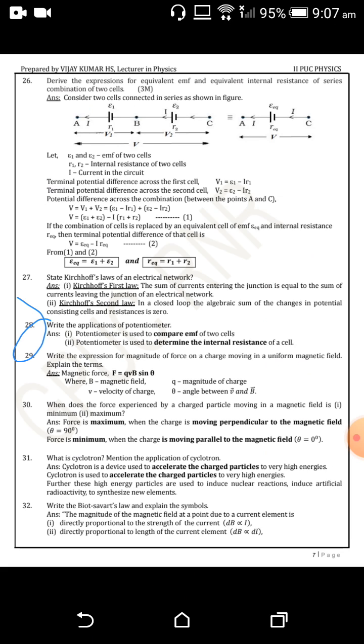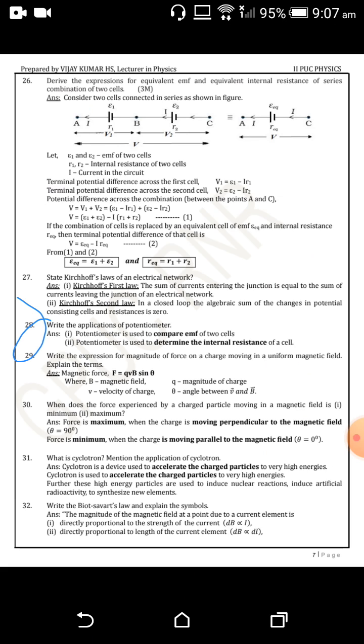The charge experiences the maximum force when it is moving perpendicular to the direction of the magnetic field, that is when θ = 90 degrees. So when the angle between v and B is 90, the force is maximum.